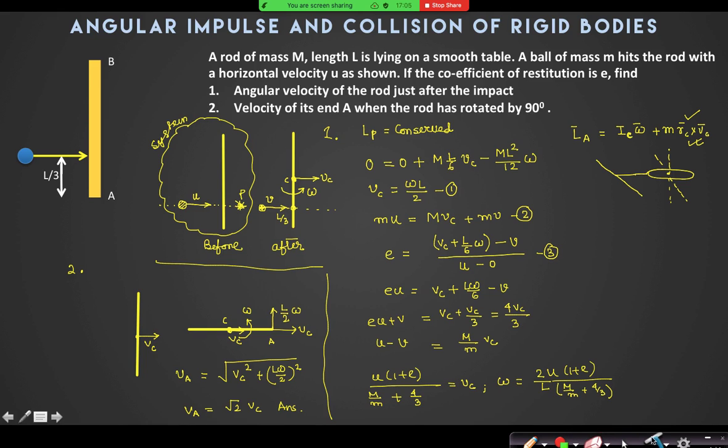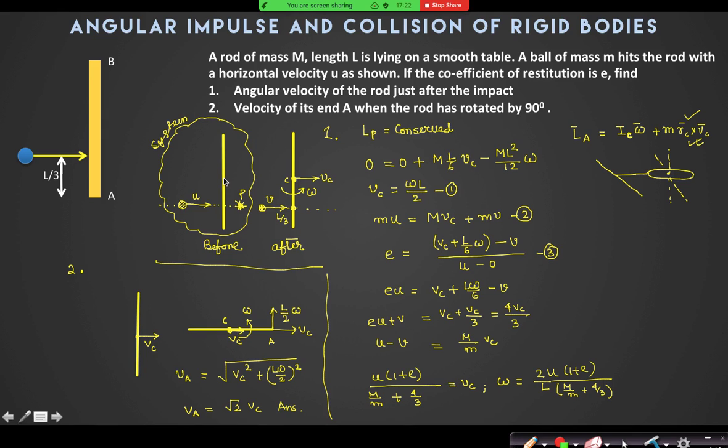Sir, we could have also solved this question by conserving the angular momentum about the initial position of the center of mass of the rod. But that point should be on the space. That point should not be lying inside the rod.